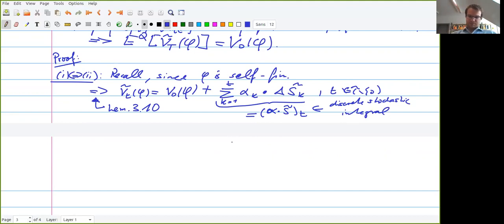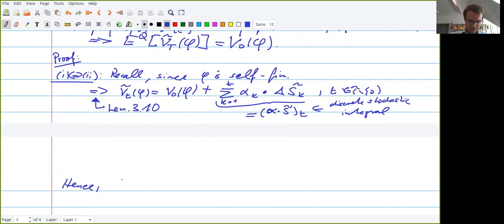Why do I care about this? Because now we realize that if we consider self-financing trading strategies, we can represent the discounted value process as a discrete stochastic integral.